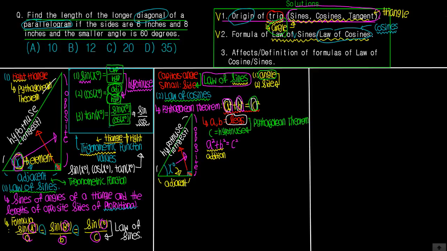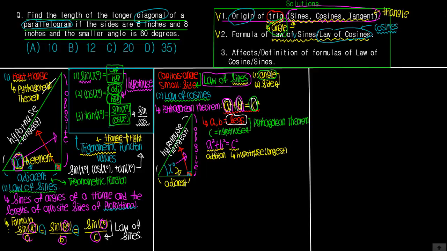And c squared is our hypotenuse, the longest side. So this is what the Pythagorean theorem was.